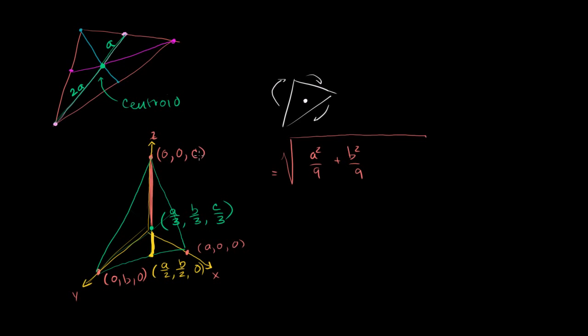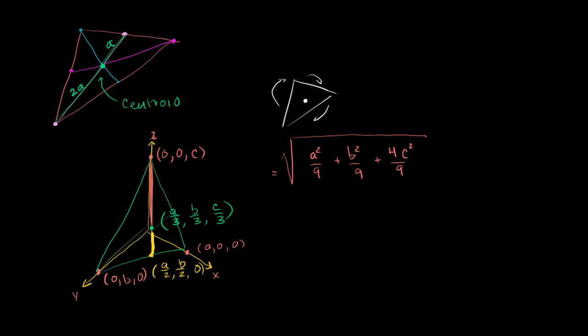That's negative 2/3, and we want to square that. So we're going to have positive 4 over 9ths c squared. Did I do that right? c over 3, so 1/3 minus 1 is negative 2/3. So this is negative 2/3 c. You square it, you're going to get 4/9 c squared. So that's the orange distance.